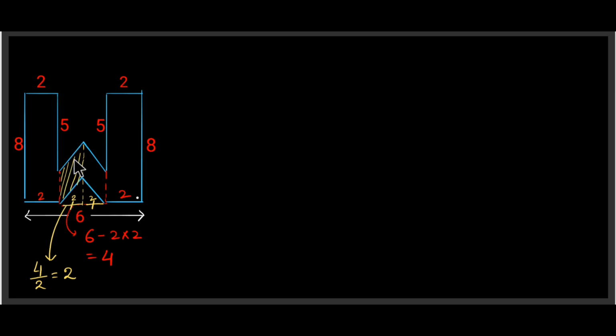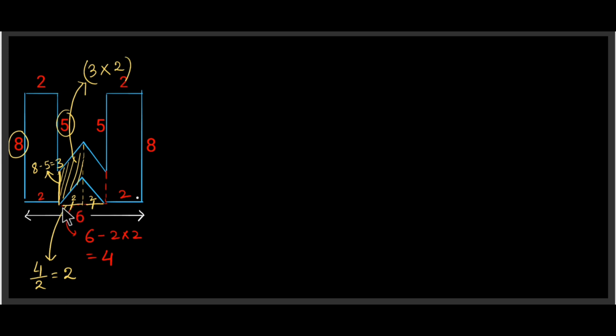So the area of this parallelogram is base into height. Here the base is this part. So we can find this part, since whole is 8 and this length is 5. So it must be 8 minus 5. So it is 3. So the area of this parallelogram is 3 into 2.